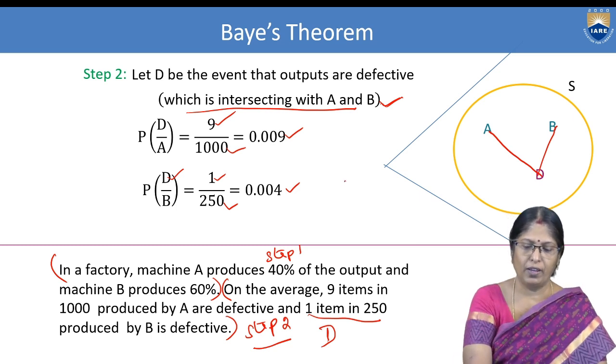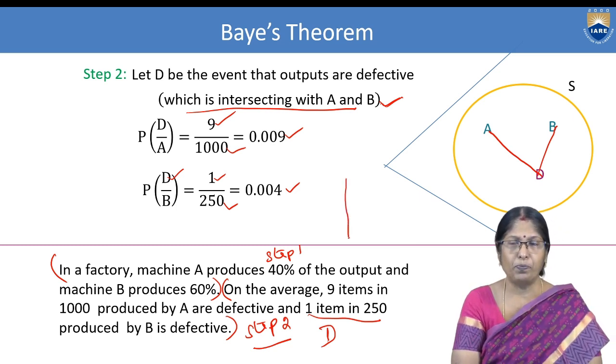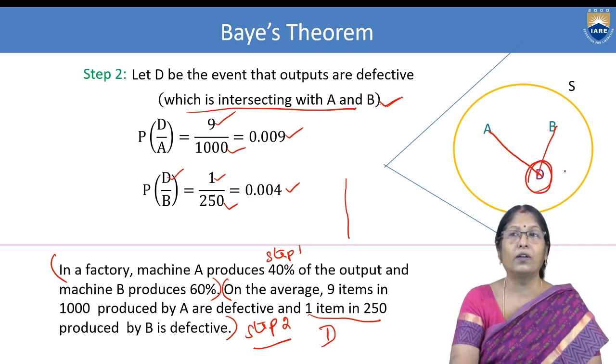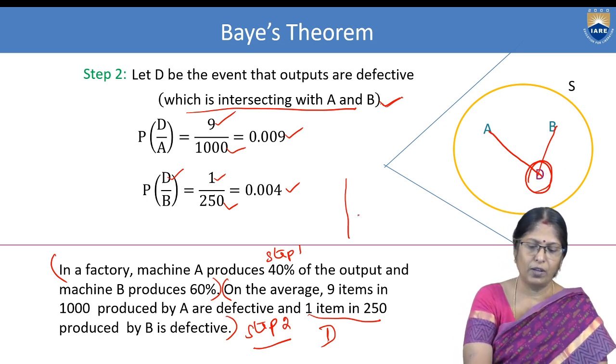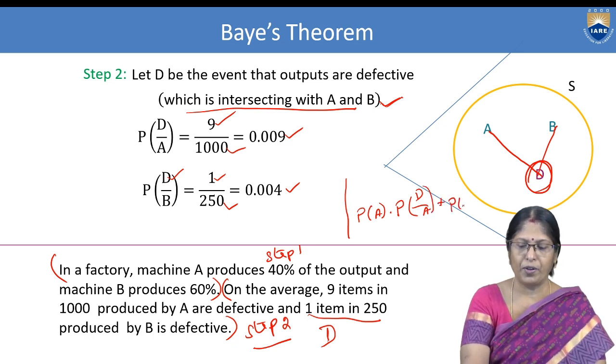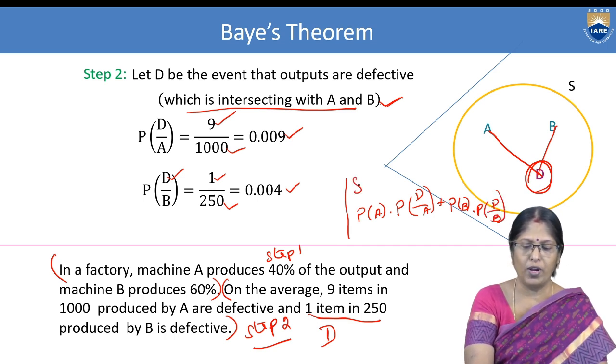Step 3, here only we can see it. Step 3, we know it very well. This is the total probability of defective. It's nothing but the main event probability of A into probability of D given A, plus probability of B into probability of D given B. This is our step 3.